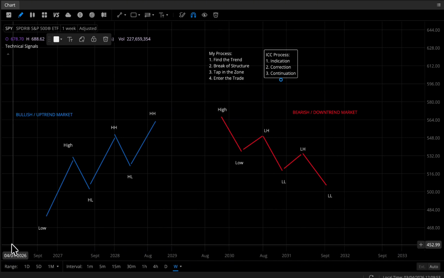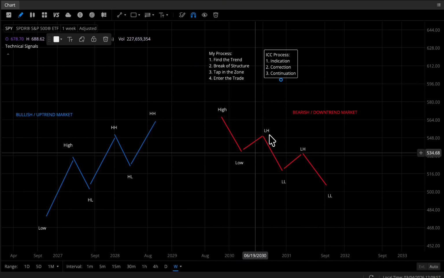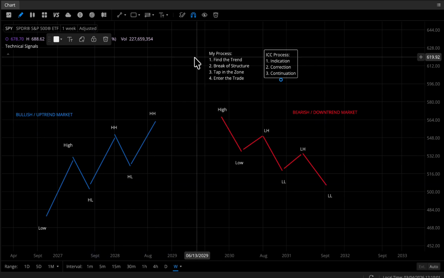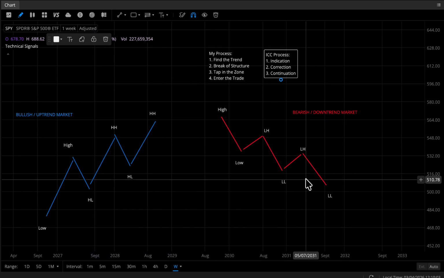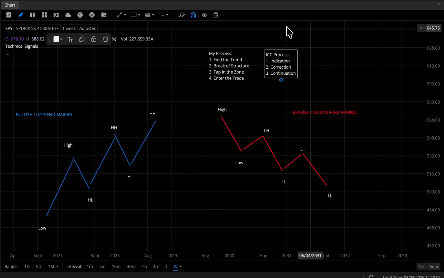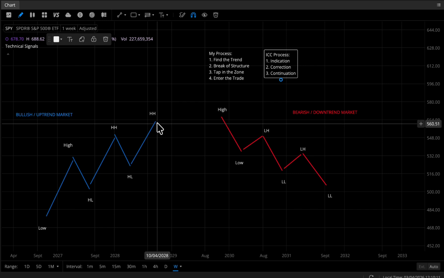So there are three types of markets. There's bullish, there's bearish, and then there's consolidating, which is when price is literally not making any higher highs or any lower lows. It's literally just trading sideways. This strategy can only be used in a trending market, so trending up or trending down.